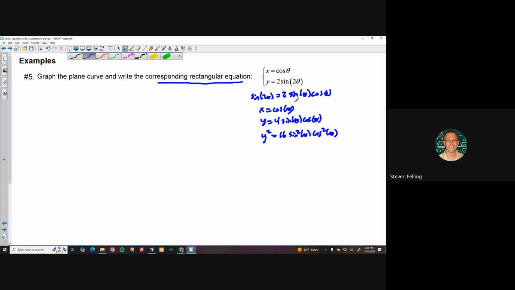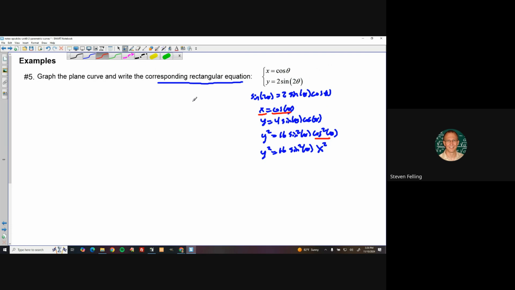And then I can replace the cosines here. Each of these cosines is really an x, so y squared is 16 times sine squared of theta times x squared.